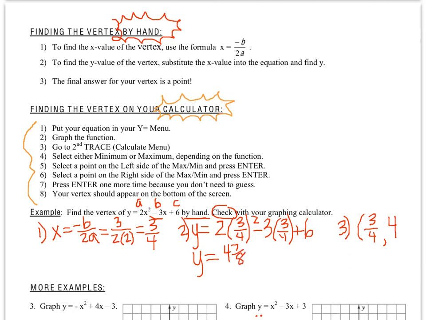So it's 3/4, 4 7/8. This is the correct answer, I know that. I want you to go through your calculator and follow these directions and make sure you can get the same vertex. Now they may have this in decimal form, which is perfectly fine, but make sure you can get the same vertex using your graphing calculator, because you should be able to know how to do it on your graphing calculator. It just makes things go a lot quicker.